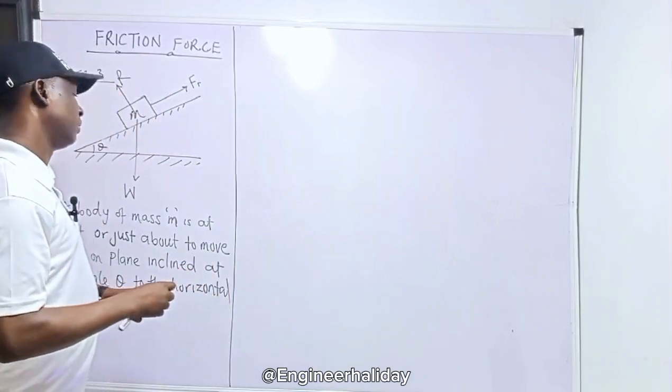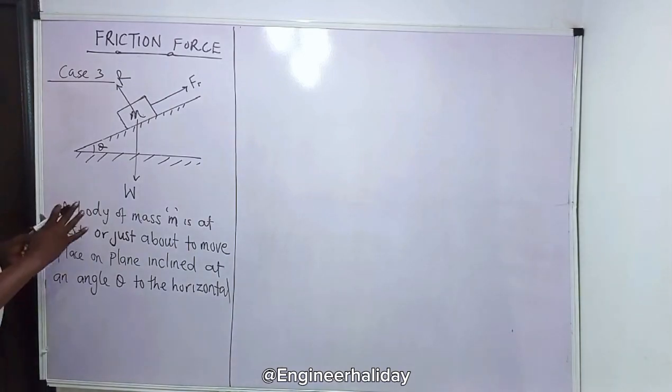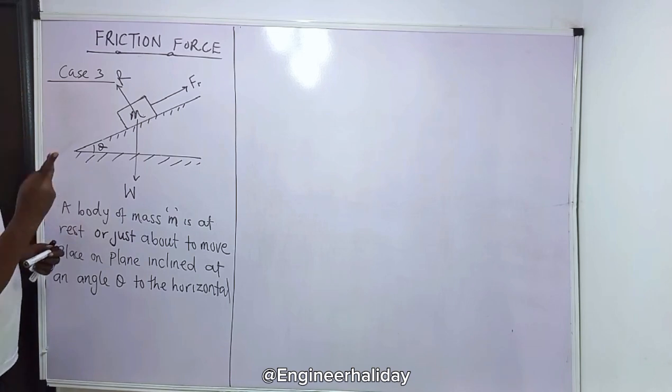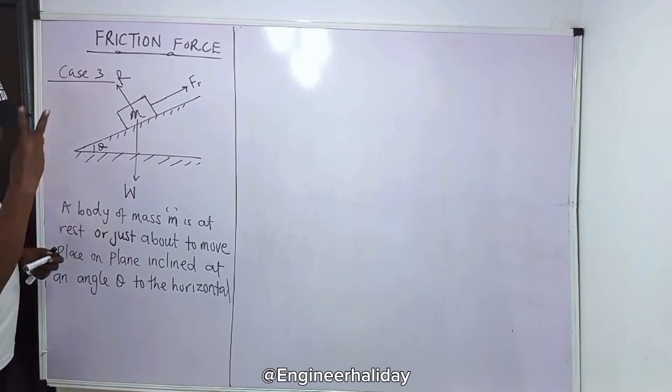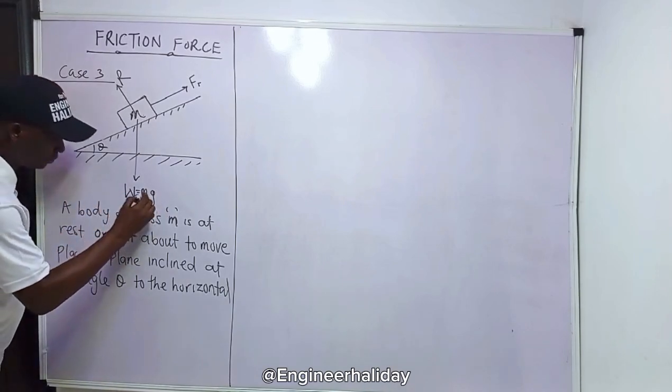Those are different. So when the body is placed on a rough surface, there are 3 forces that act on it: frictional force due to the rough surface, reactional force due to contact, and weight due to gravity, that is mg.